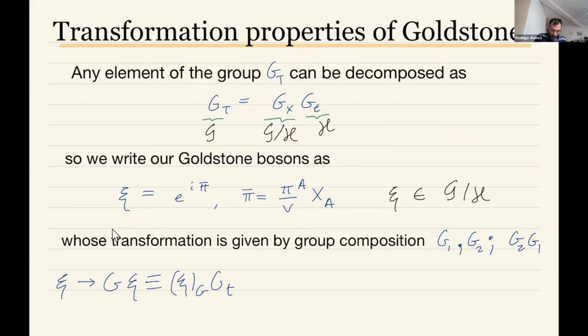But then that will tell us that the transformed C reads G times the original C, and this unbroken group transformation dagger.